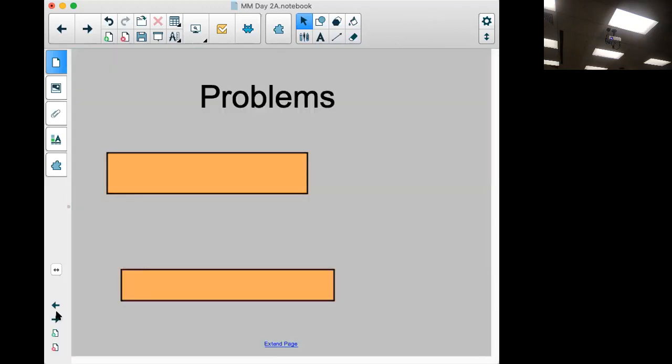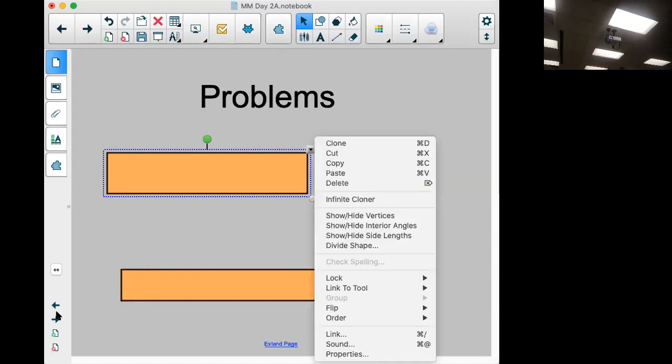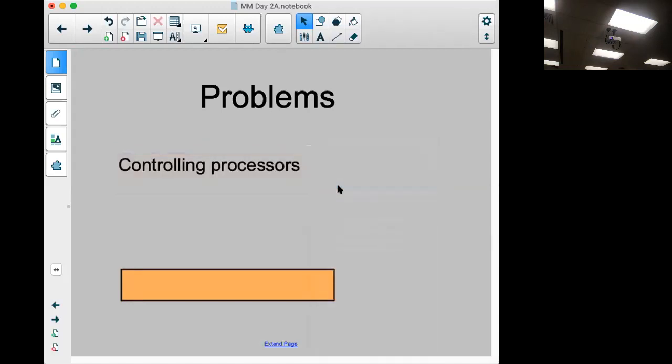Now, there are 2 main problems with nanotechnology. Okay, the first one is controlling the processor, okay? Because they're so small, when you run a computer, what is the main problem with running a computer? Does anyone know? What would you say? Yeah, heat. Computers get hot.